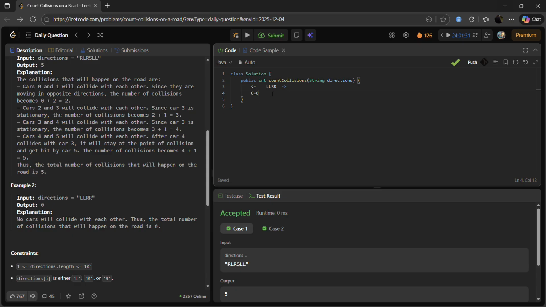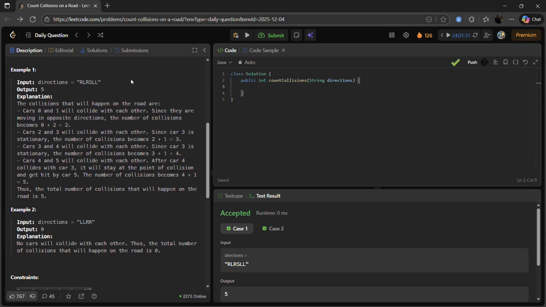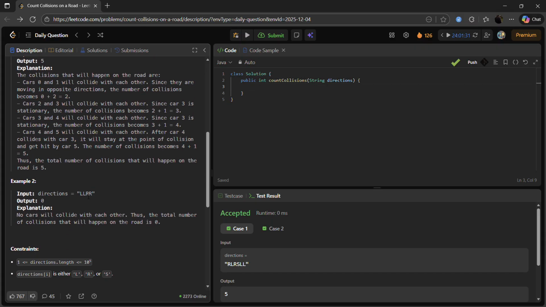So we have a string, and we need to calculate the number of collisions. I hope you understand the problem. Now we'll see how to approach it. They have given a string, and if at the leftmost of the string you have L, you can ignore it, because it will move towards its left, and it is not going to collide with anything, and it is not going to change the collision count.